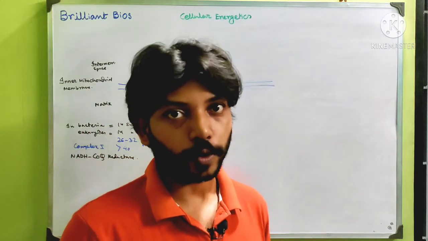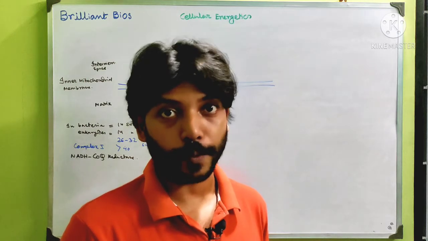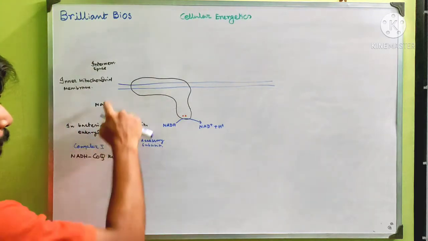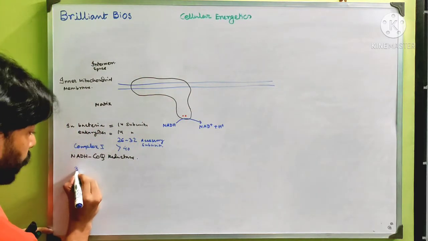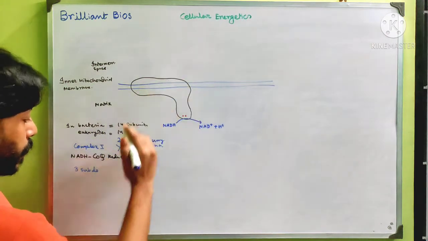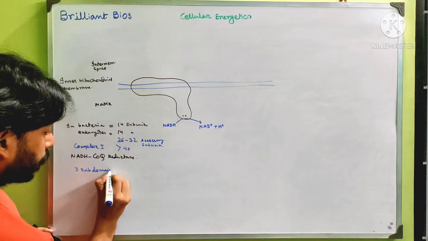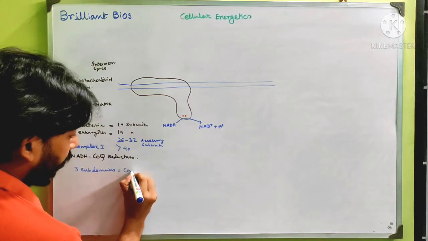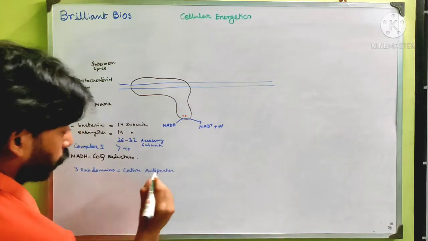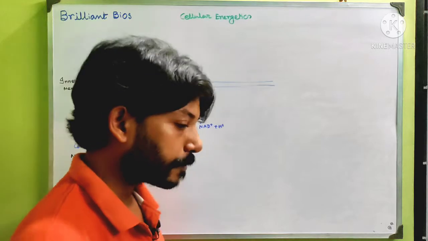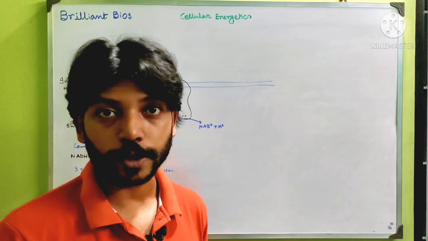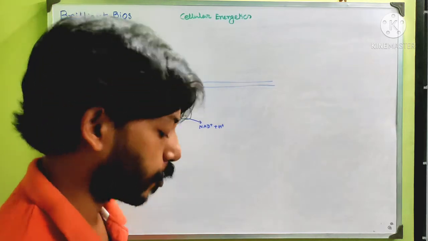Among them, 3 subdomains act like cation antiporters, and this is a very important point to remember for complex 1, because complex 1 indirectly helps in the generation of proton motive force, that means transportation or pumping of protons.